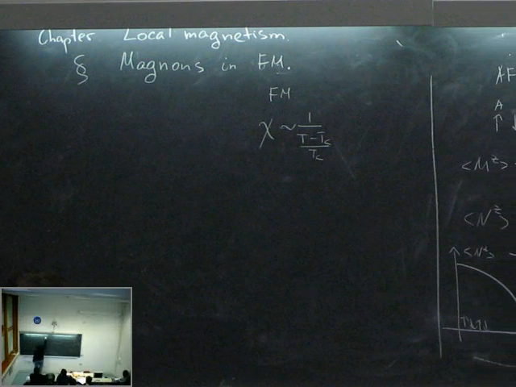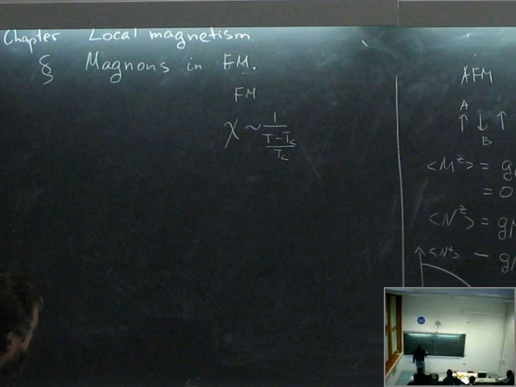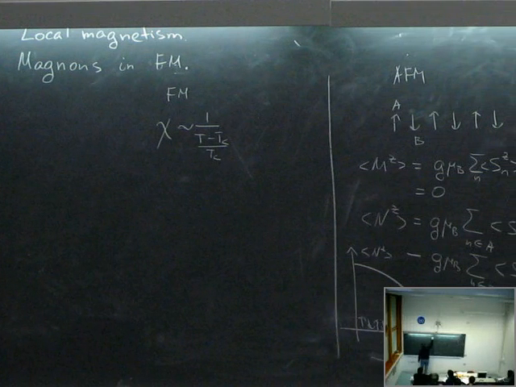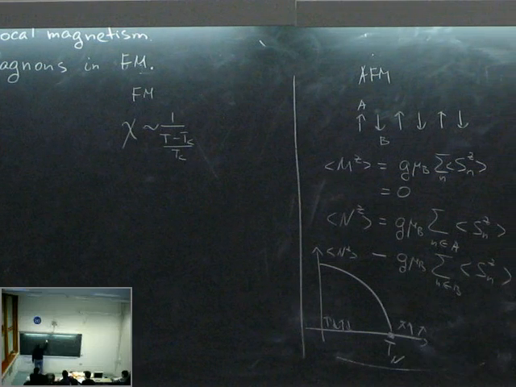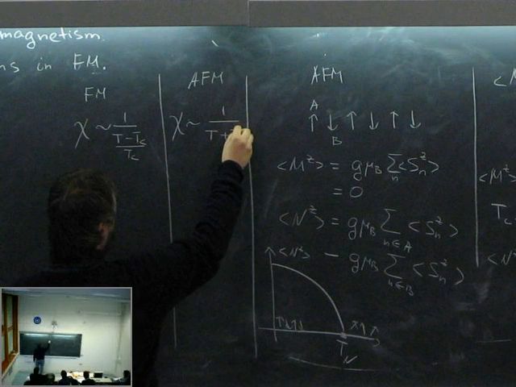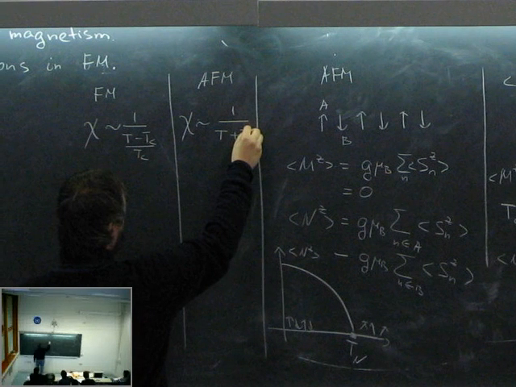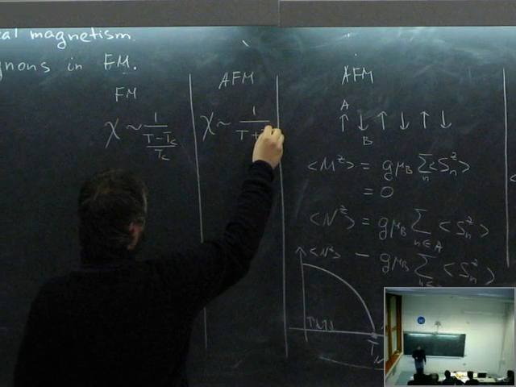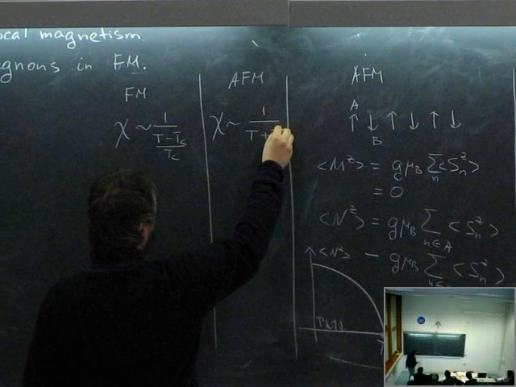If we do the same and consider susceptibility at 0 as a response to zero momentum for an antiferromagnet, the susceptibility will not be diverging at all. Why? Because nothing happened with the uniform magnetization at Néel temperature.